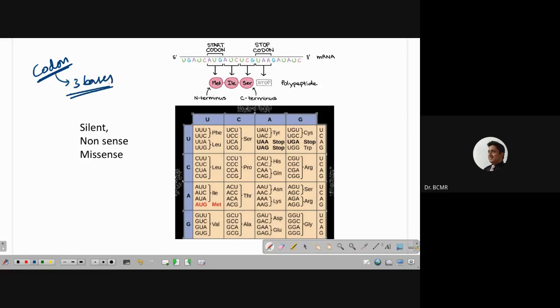Why 3 bases and other things we will learn at a later time. But for the sake of understanding, any DNA that is to be coded to a protein will be read in bases of 3, and each of them is called a codon. There is a start codon, AUG.